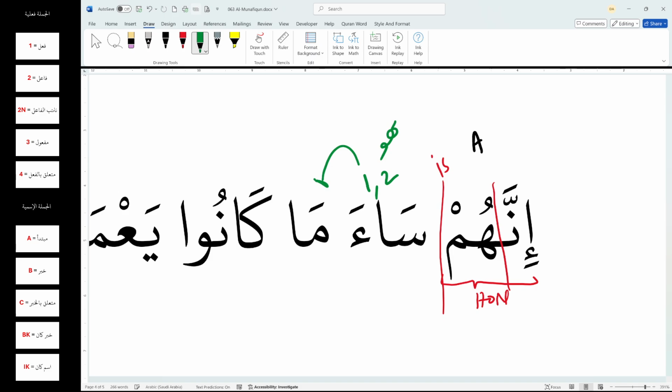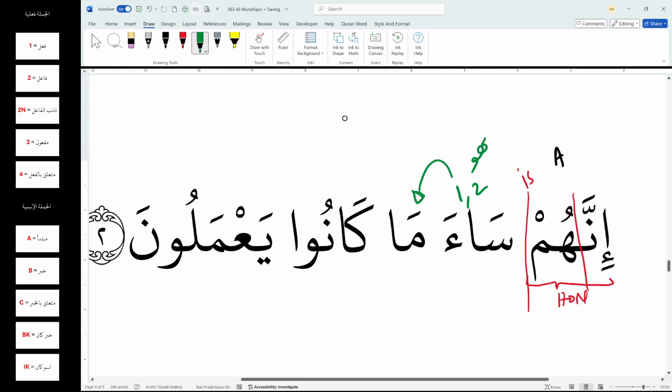Now this ma is an ism mawsul ma. Ism mawsul ma is a standard rafa. Because it's an ism mawsul ma and it's standard rafa, if we start to look at it as mansub, the definition would not really make sense.